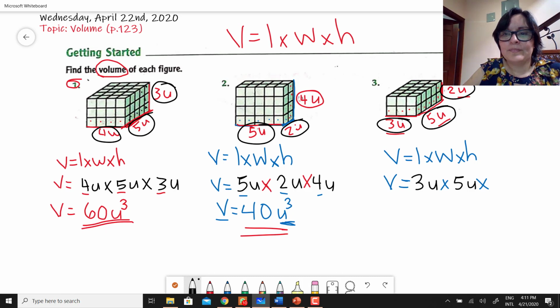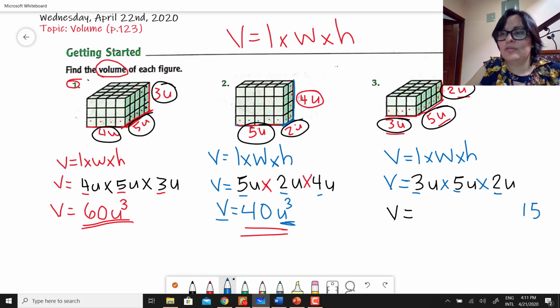2 units. Then we multiply 3 times 5, 15, and 15 times 2.